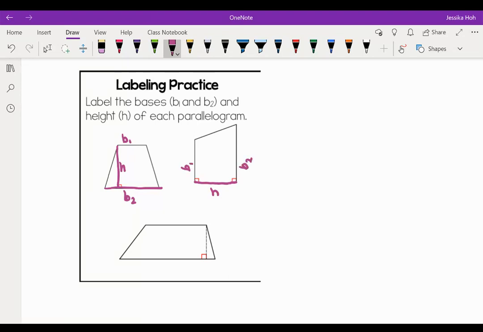It really doesn't make a difference which one is base 1 and which is base 2. Usually base 1 I do the smaller one, base 2 I do the larger one. I'm going to do that for this one as well. The parallel line is right across. This is my height, base 1, base 2.